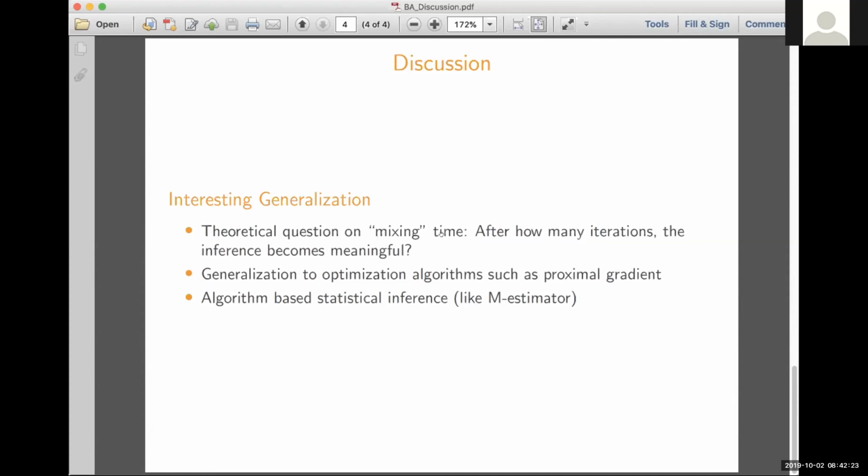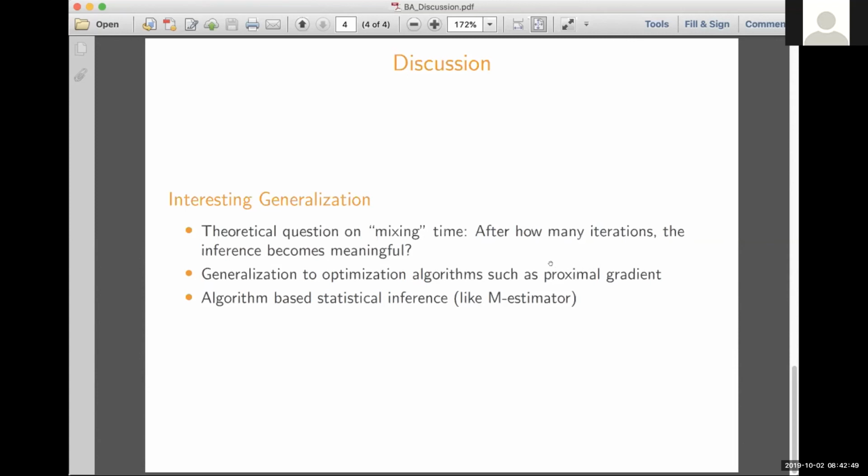Because the conjugate gradient method has counterparts for other optimization problems, like the proximal gradient method, can the same Bayesian method be generalized to other optimization methods, like the proximal gradient method, which is also very important in solving many optimization problems, or other methods like ADMM or simply gradient descent?